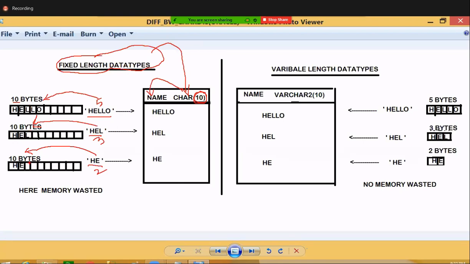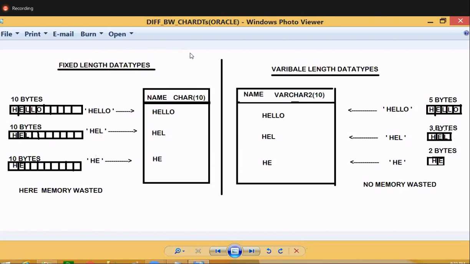If it is allocated like this, what is the problem? Each character takes 1 byte, so H, E, L, L, O, and the rest is unnecessarily wasted.